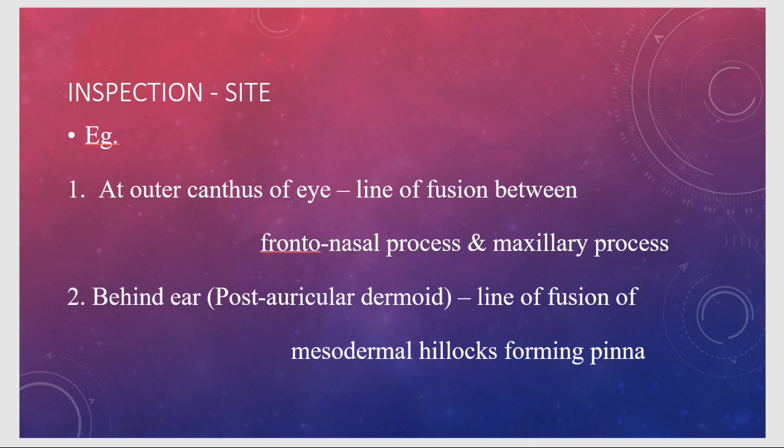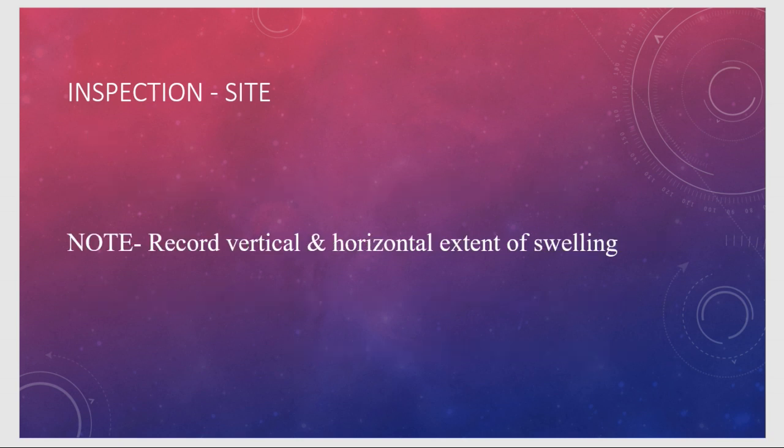Sometimes these dermoids could be there in the post-auricular area, known as post-auricular dermoid, behind the ear, and that is again overlying the line of fusion of mesodermal tissue forming the pinna, right? So midline or on the line of fusion of embryonic processes, any swelling, suspect dermoid cyst.